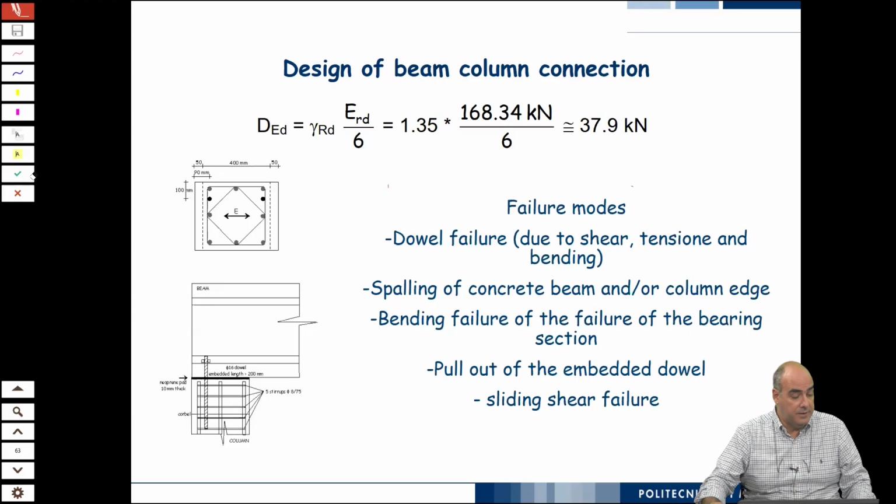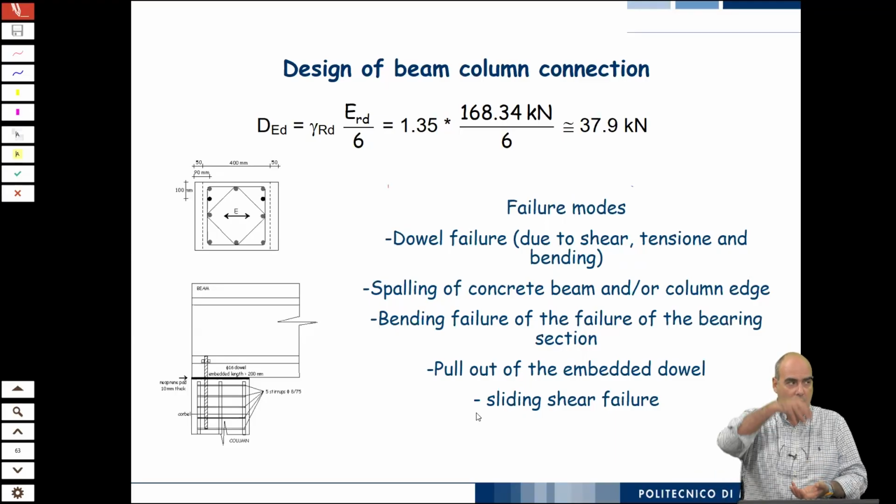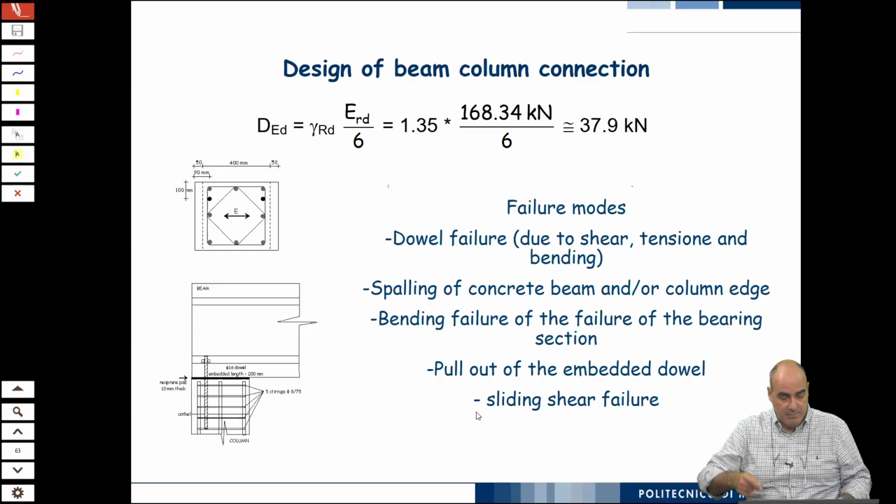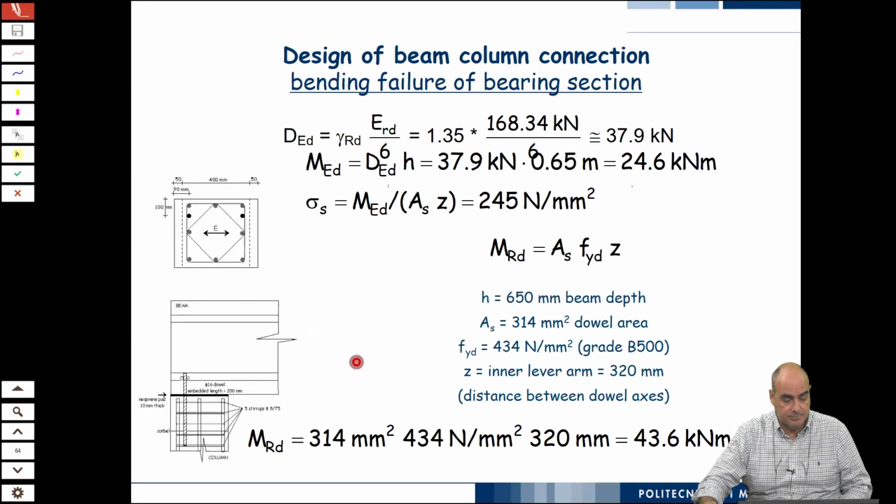Bending failure of the cross section. Well, this is something which comes out of the design. Pull out of the embedded dowel: you don't want it to come out. And sliding shear failure you don't want, because sliding is shear and it's a brittle mechanism. So you have them in this order.